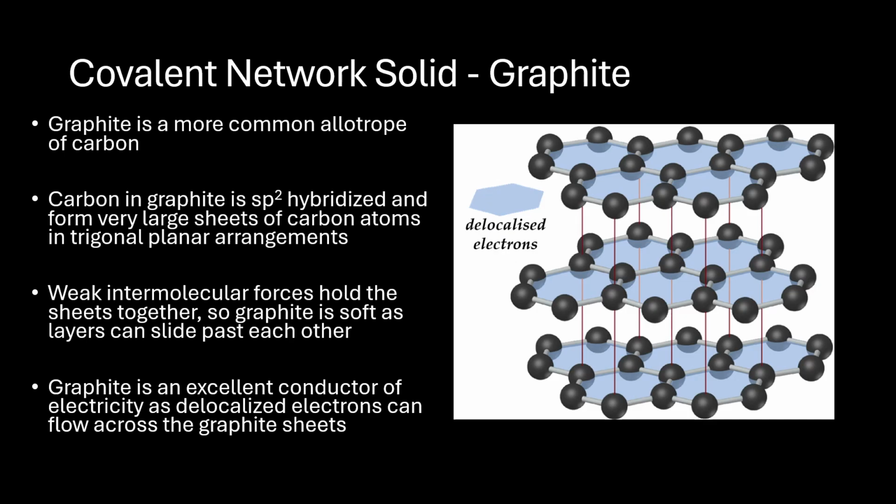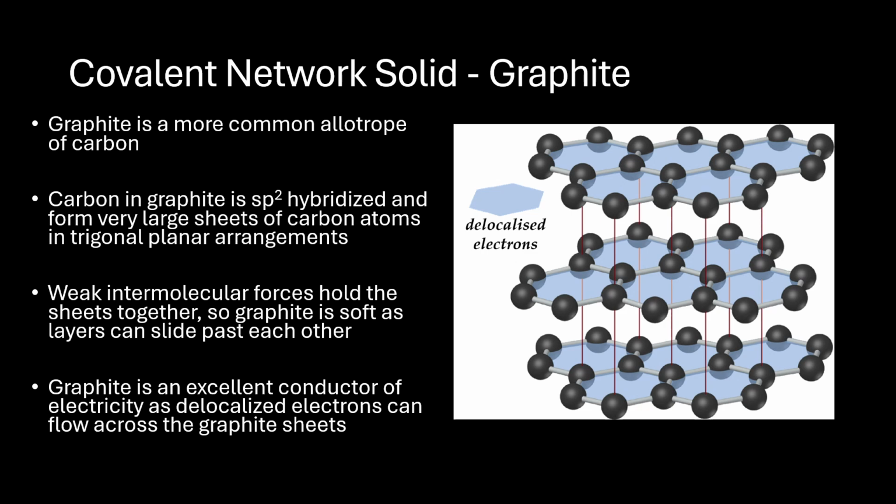So instead of breaking up those sheets, you're sliding a sheet off. And they have weak intermolecular forces that hold the sheets together. That's what you're breaking when you're sliding that pencil along the paper. You're sliding the graphite sheets past each other.